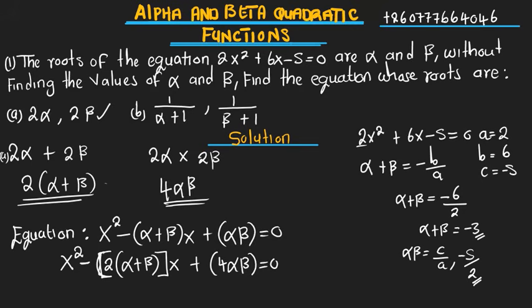But we know that alpha plus beta is negative 3. So this is just the same ones, open bracket. While there is this guy, we know that it's negative 3, that's the sum of roots. So I'm going to put negative 3 there. Product of roots, we know that it is negative 5 over 2.